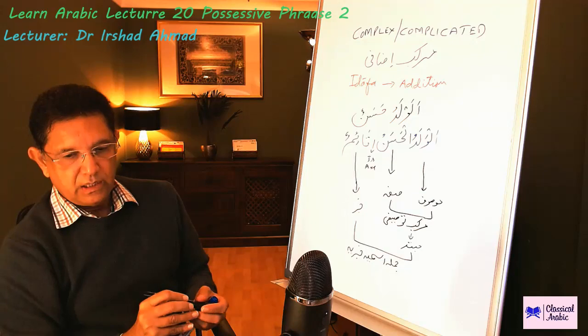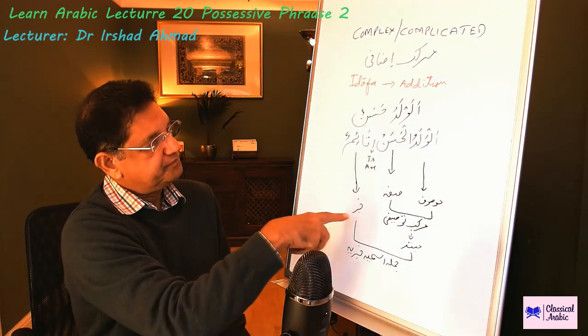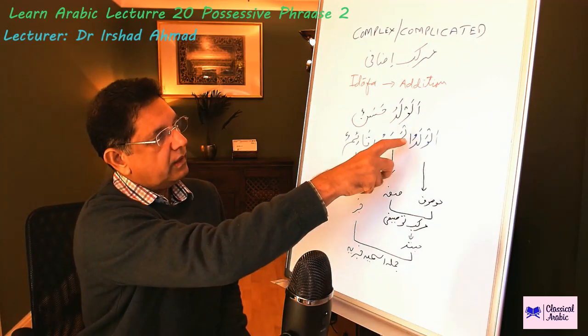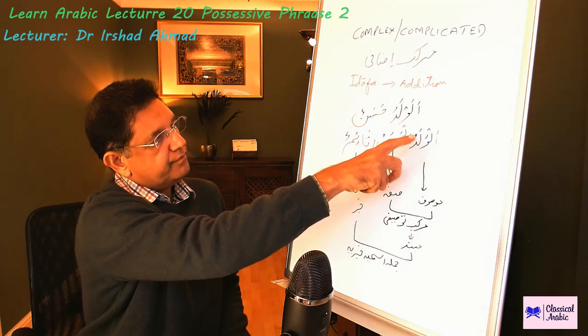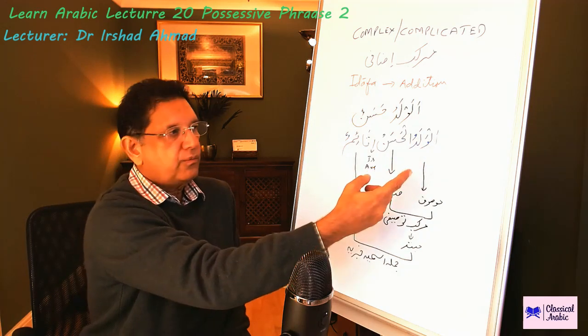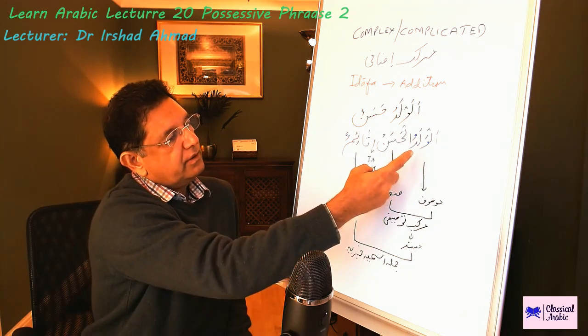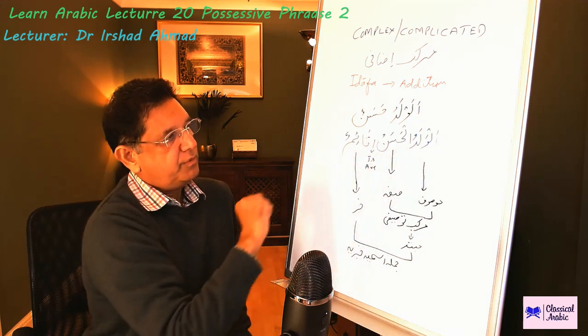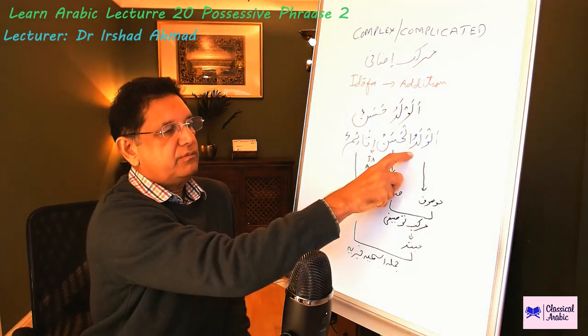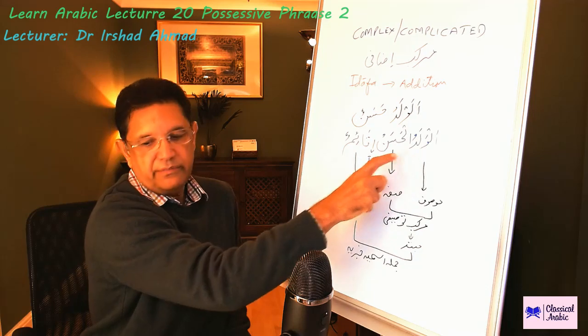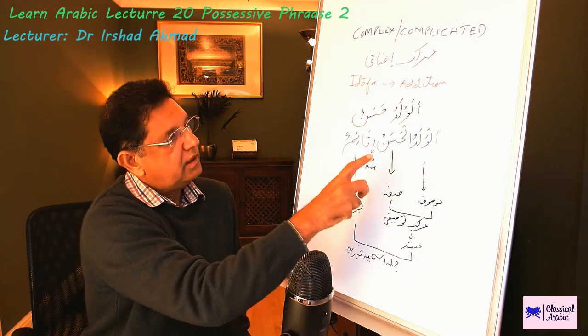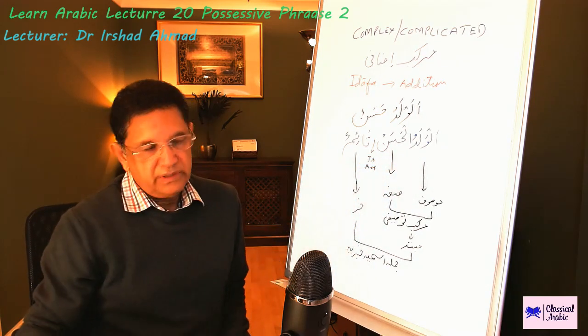Okay, so that was an example of Mubtada where we have a phrase in the form of a Mubtada, or in the slot of Mubtada, and that phrase in this example is Murakkab Tawsifi.